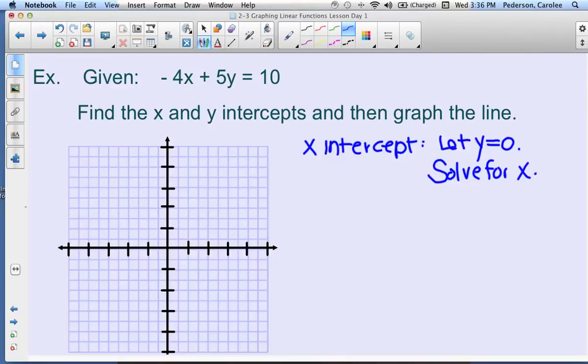So we say negative 4x plus 5, and now we're going to replace that y with 0.